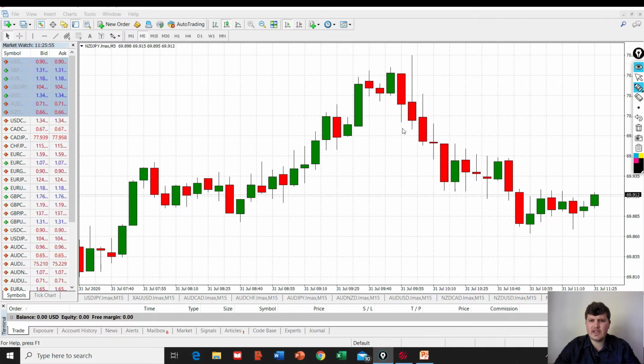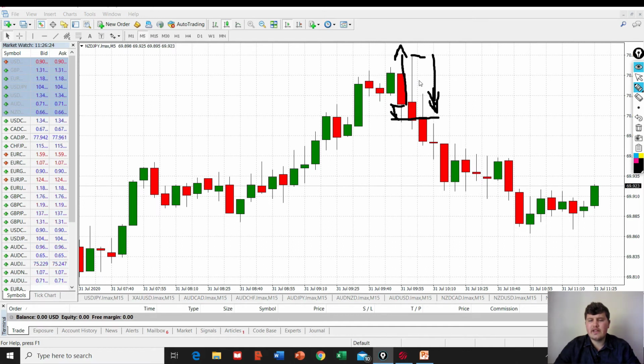For example, this candlestick over here, you can see that after the closure of this candlestick over here, the bulls took control and they pushed price higher to this point, but as soon as it touched this point, the bears came back in control and they ultimately pushed the price lower than the previous open, and it closed lower than this candlestick.